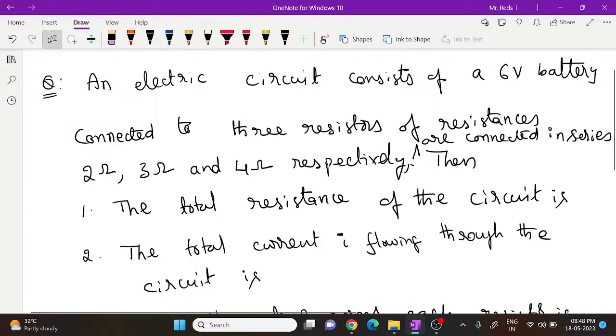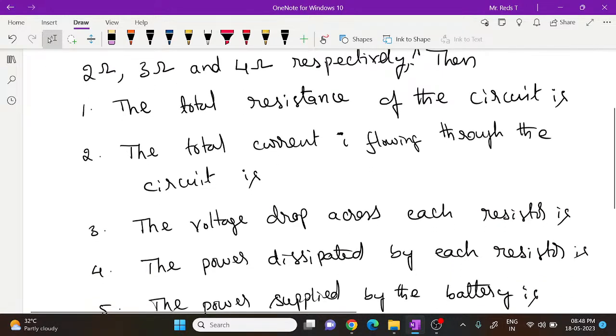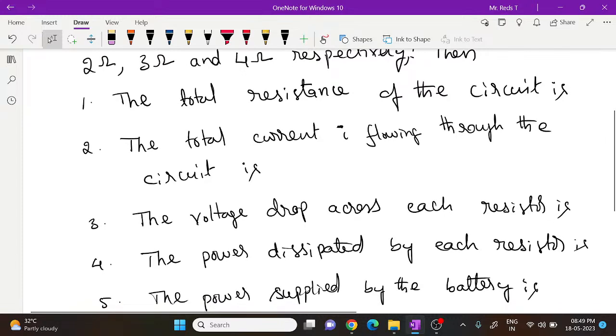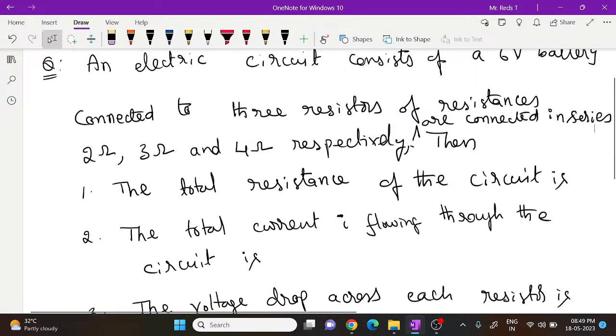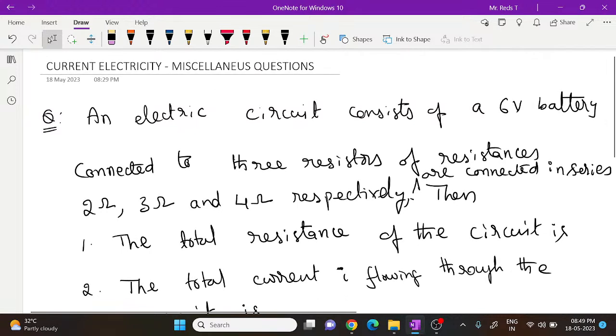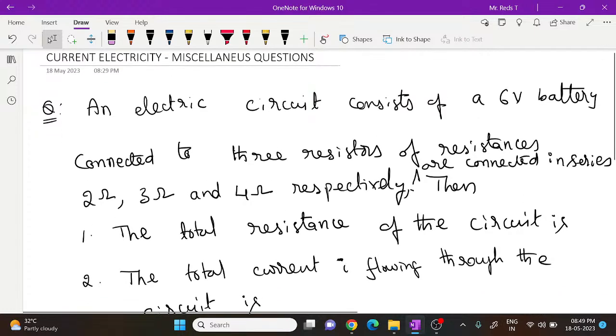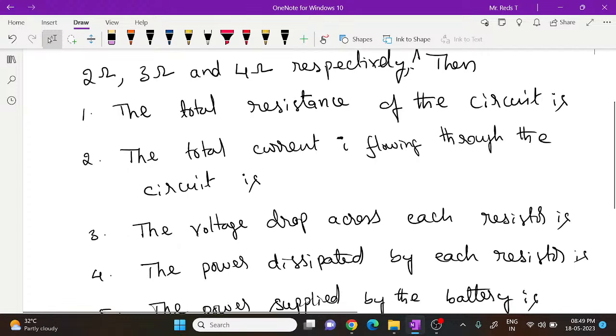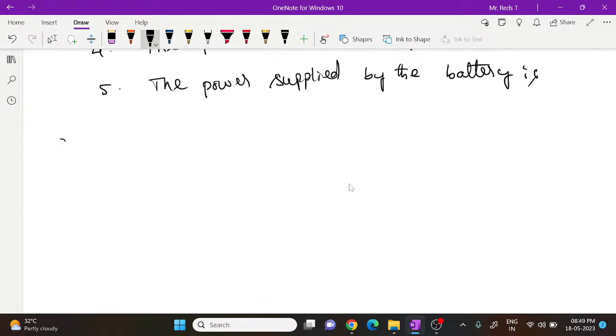Right. First, let us see one by one. For the first part, the total resistance of the circuit, there is nothing much to calculate, but let us try to depict this data in circuit form. An electric circuit consists of a 6-volt battery connected to 3 resistors in series. So try to draw a circuit diagram.